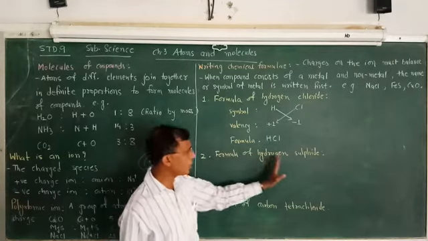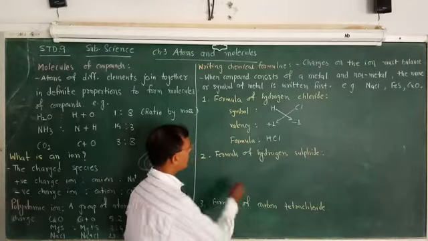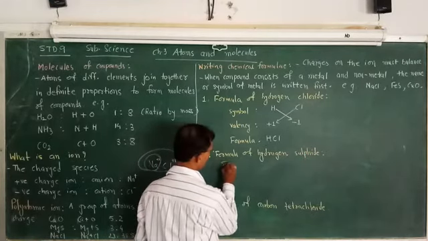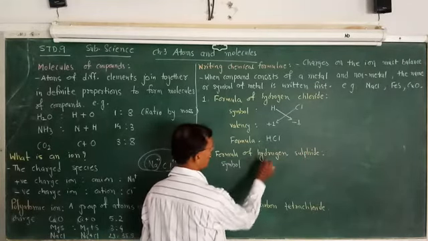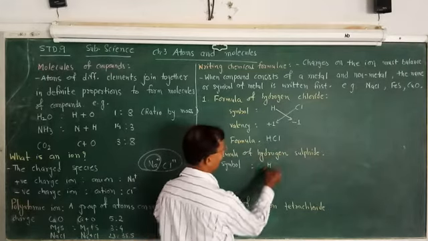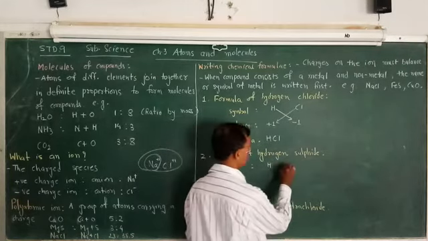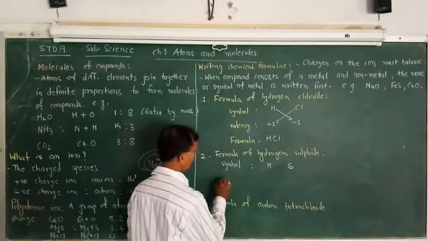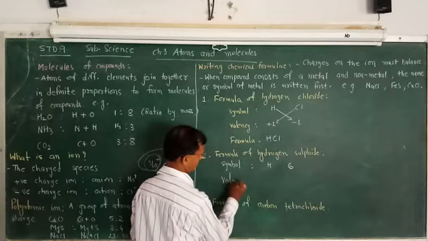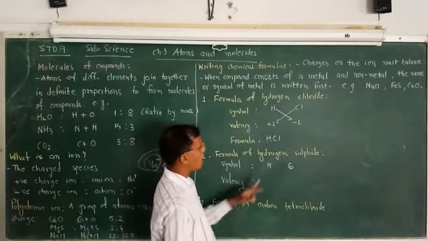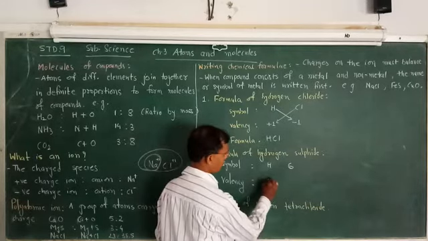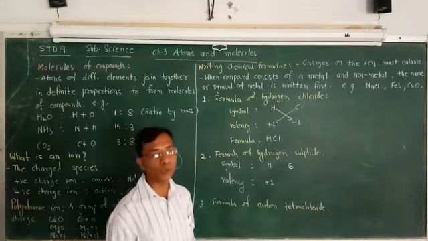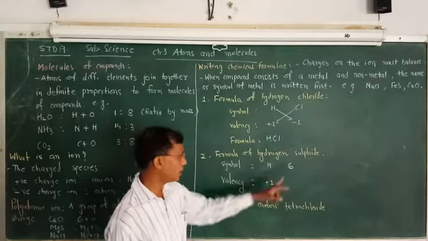Similarly, the formula of hydrogen sulfide. First write the symbols. Hydrogen symbol is H, and sulfur symbol is S. Now we write the valency. The valency of hydrogen is +1.